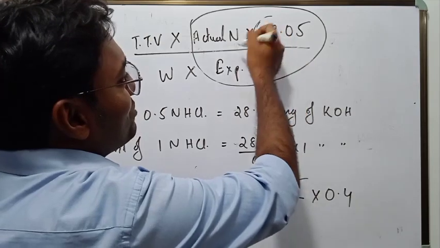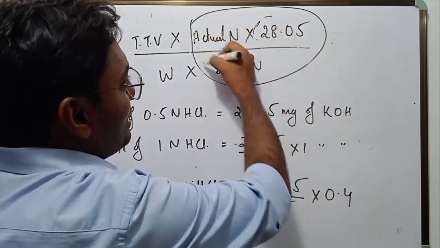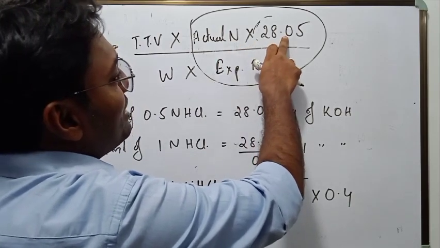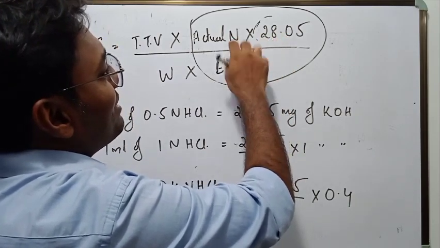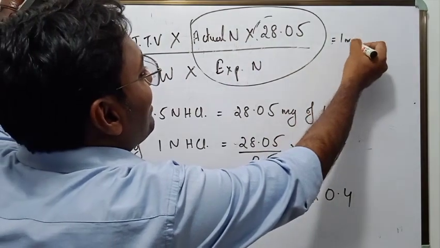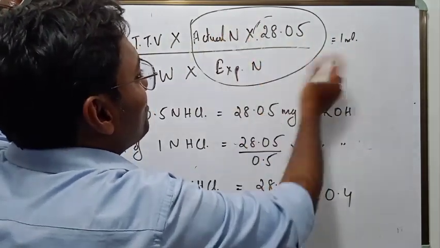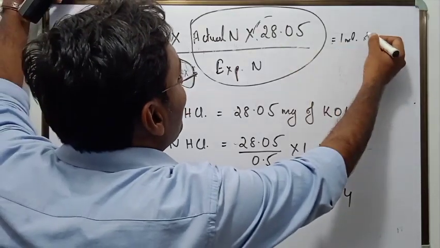So if you multiply the true normality of the titrant with the capability, you will get the capability of 1 ml of original normality.